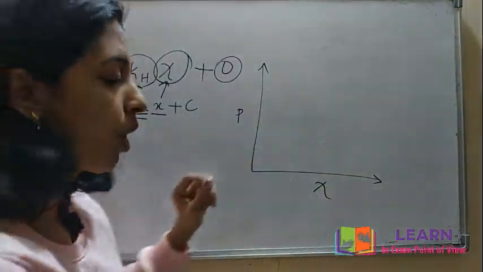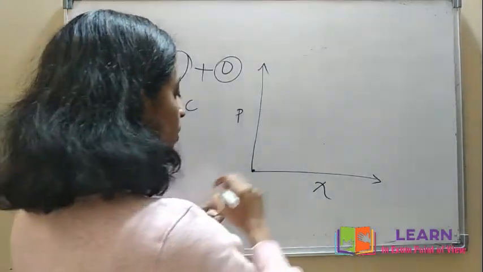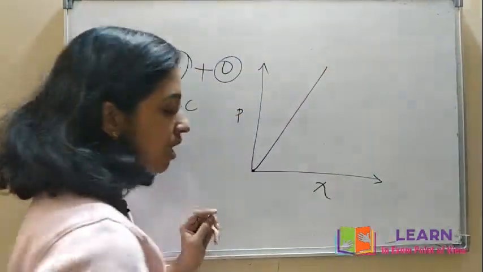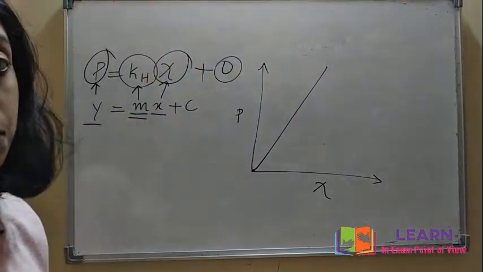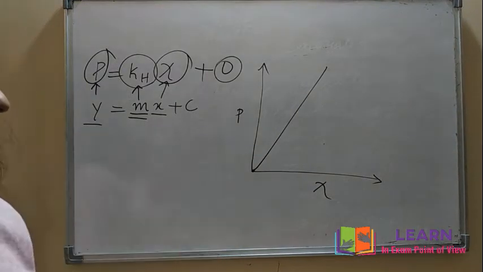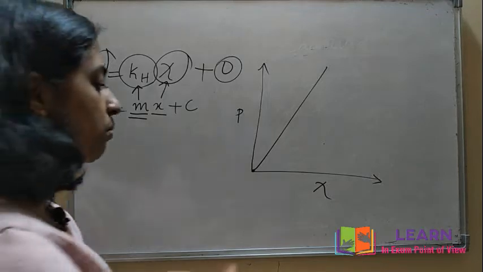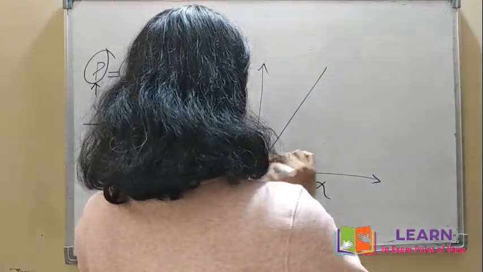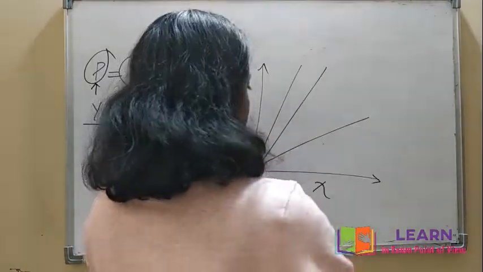Here it is 0. So here the starting point will be here. It will go up since slope is positive, right? Okay, so like this you will get the graph.